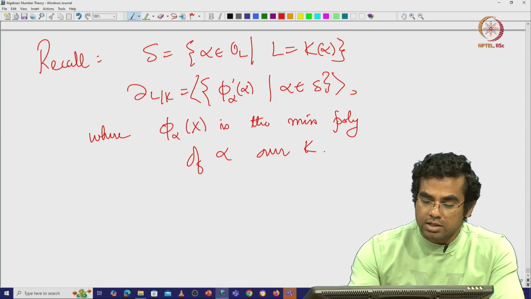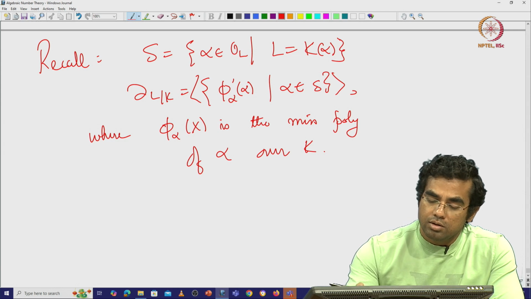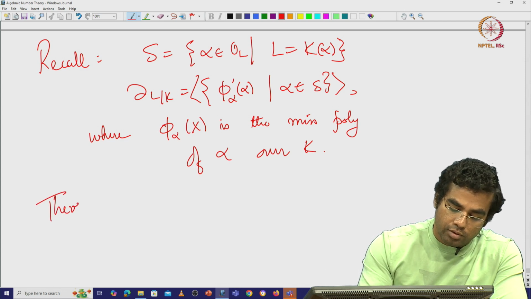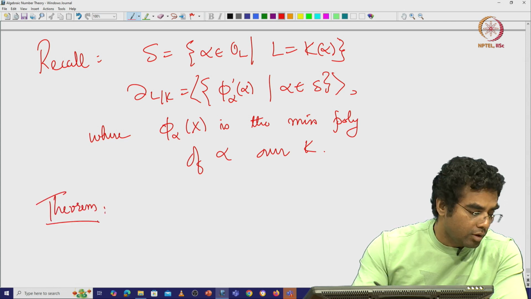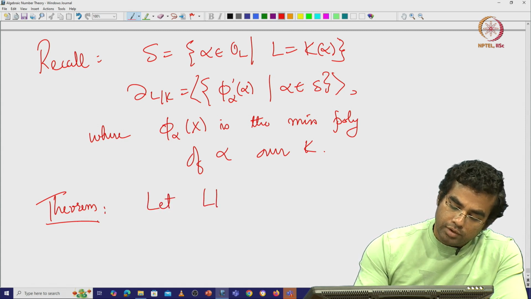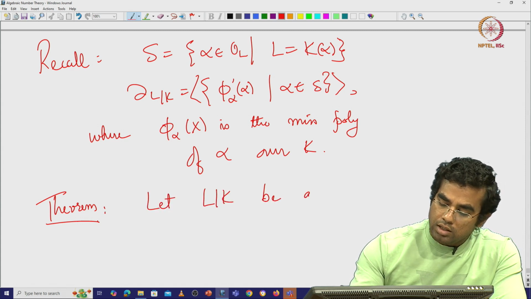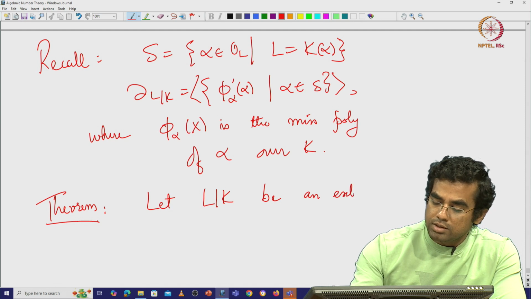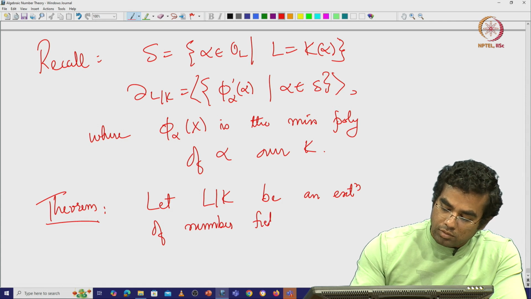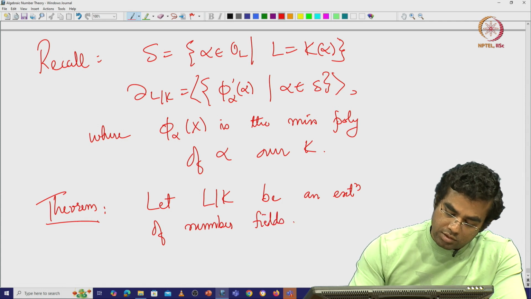All right. So as I said last time, it looks like this may not be of practical use, but it has theoretical application, and so what we are going to do is prove the following. So let L over K be an extension of number fields, okay, so it's a finite extension.